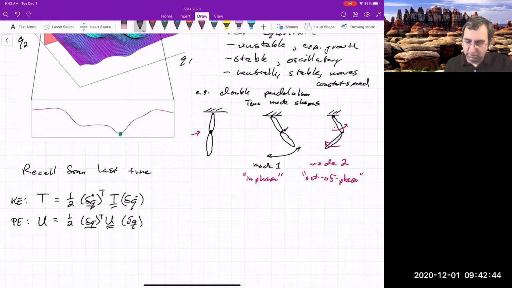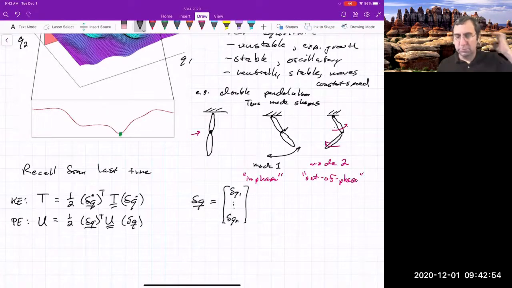Delta q is just a column of displacements in each of the generalized coordinates, and capital N is the number of degrees of freedom.